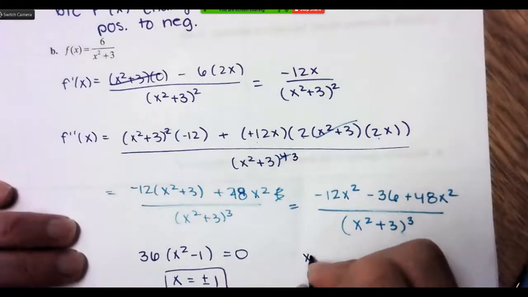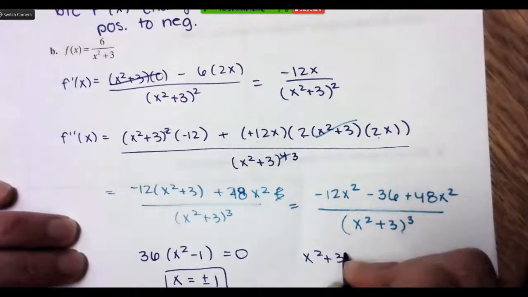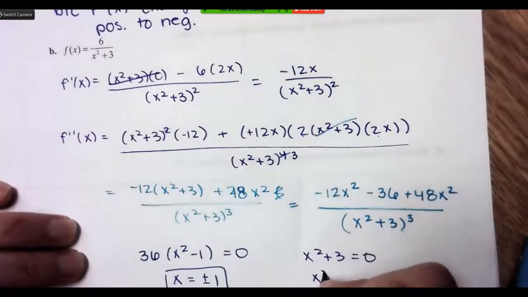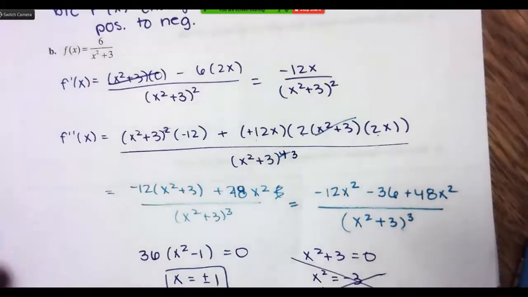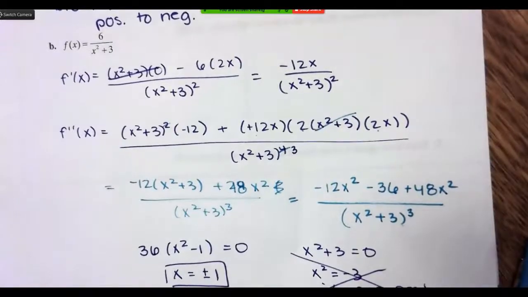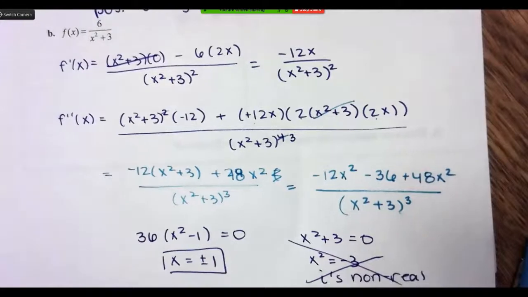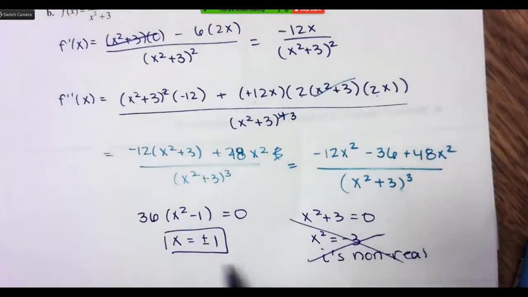And then my denominators, if you cube root 0, you get 0. And then we get that equal to a negative, so that's imaginary. So those are non-real, so they don't matter. So my only critical points are negative 1 and positive 1. So when you did your number line, those would be your critical points. I know I worked through that rather quickly, but I hope that helps you with your quotient rules.